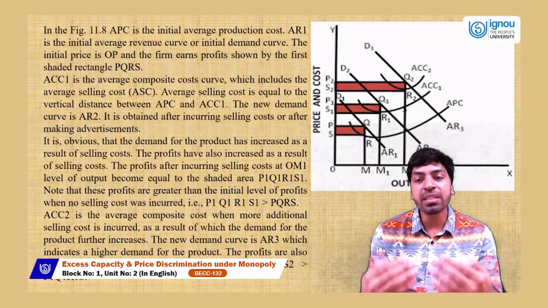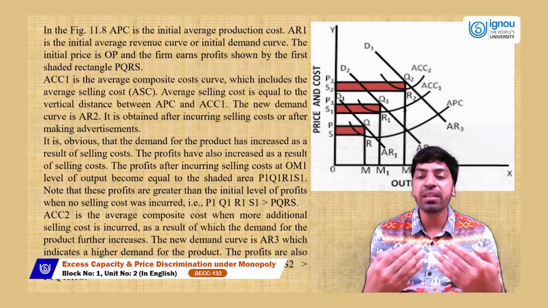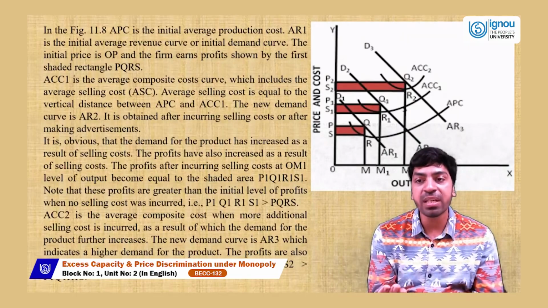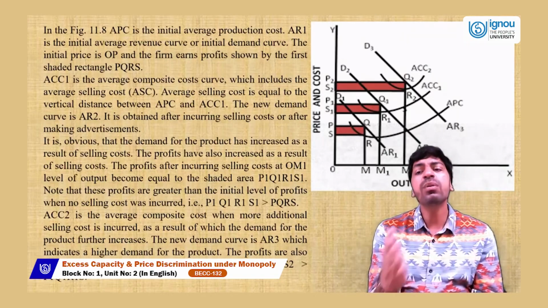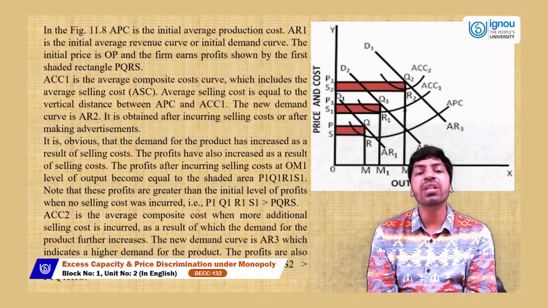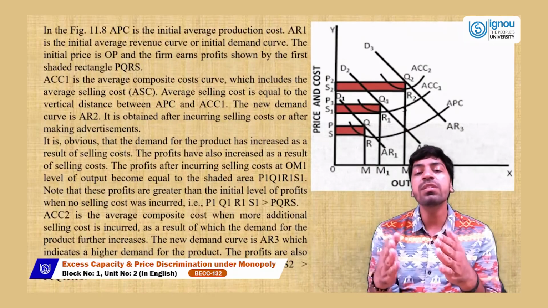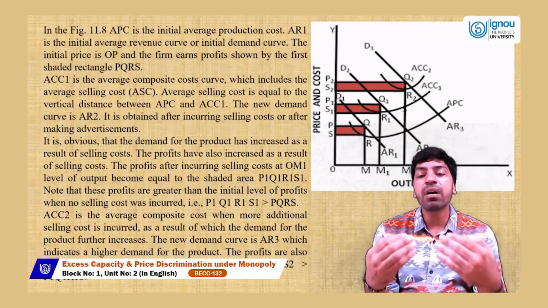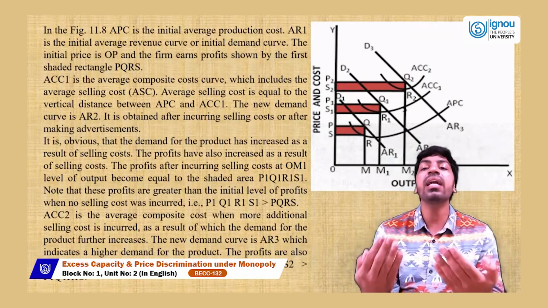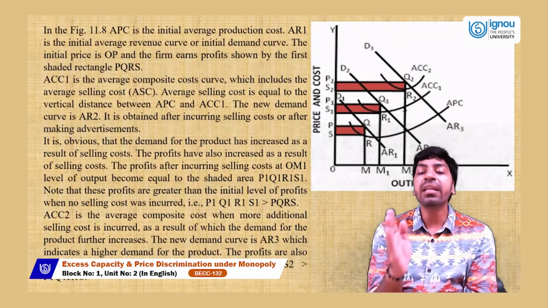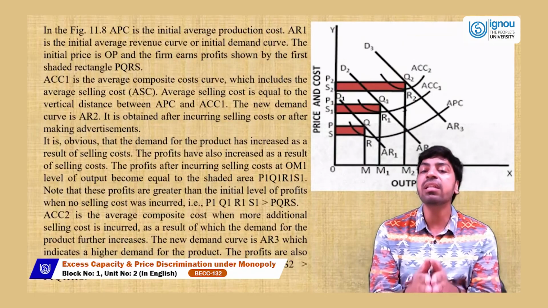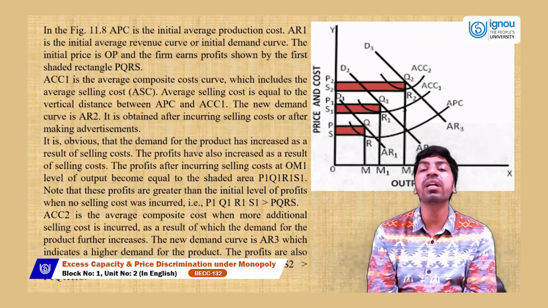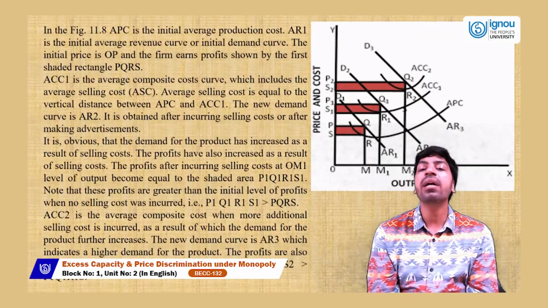So when there is an increase in investment, when the selling cost increases, a new curve is drawn, that is average revenue 2. That means the firm is actually earning more than initially, when the profit was PQRS.